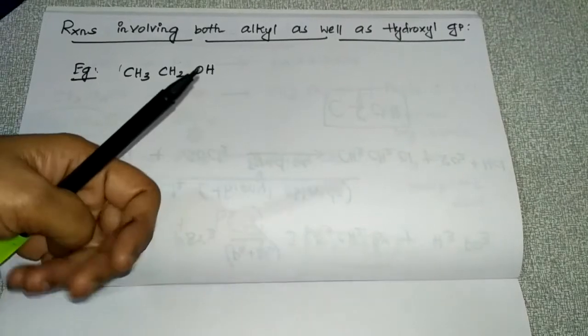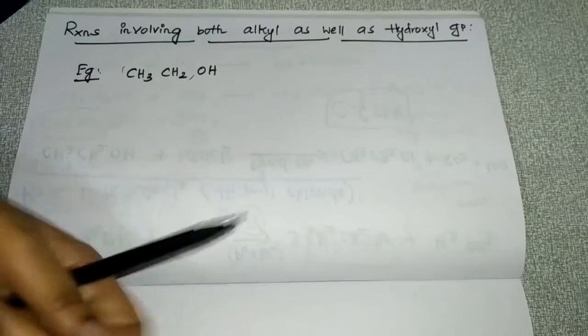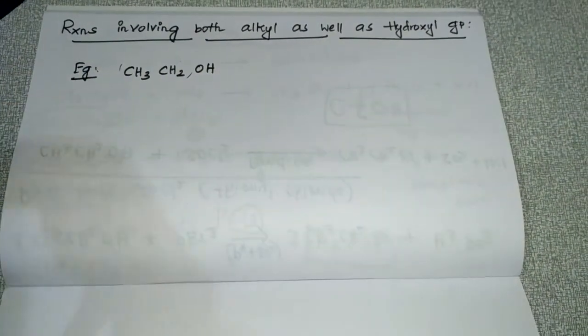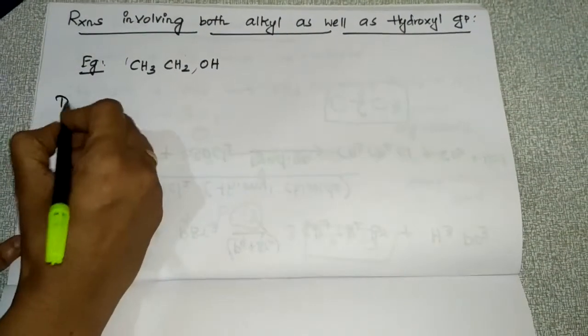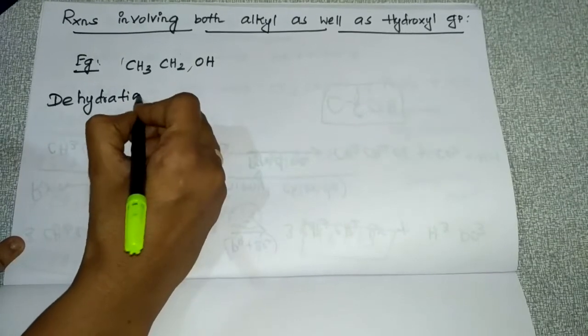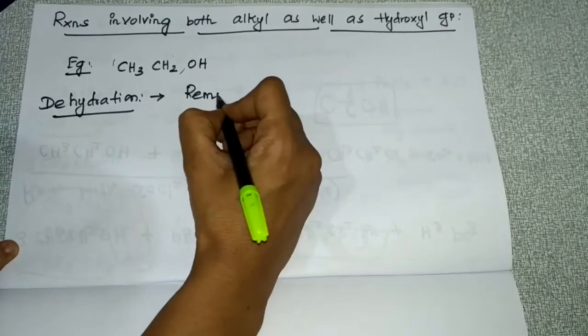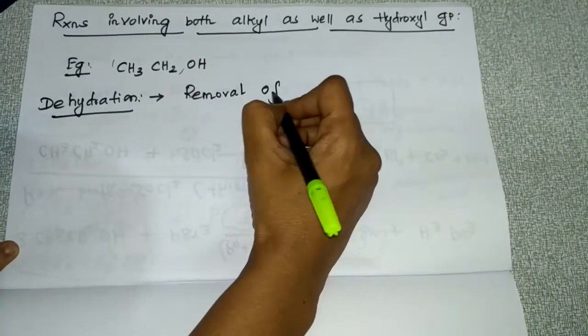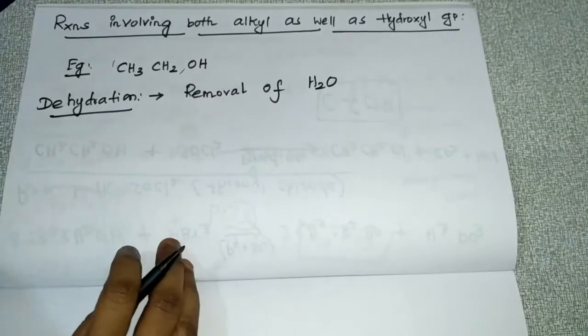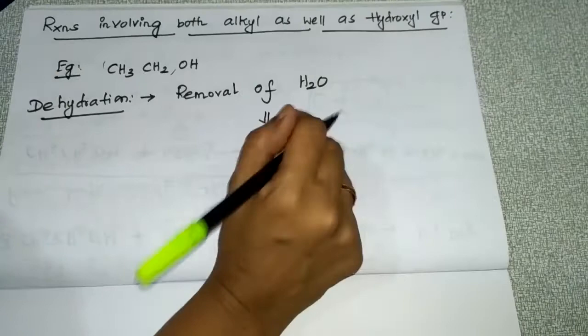Under this we are going to see one important reaction, that is the dehydration reaction, with mechanism. Before going to the mechanism of dehydration, what do you mean by dehydration? Dehydration means removal of water. This water can be removed by means of a dehydrating agent.